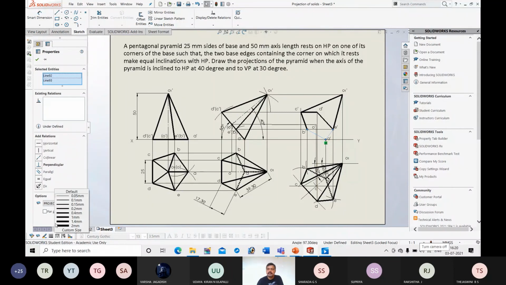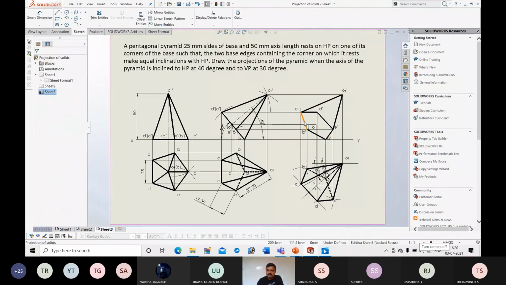Okay, first I connected boundary points. That is the first rule of visibility. Next, since base is nearer to observer compared to apex, when observer is viewing from this direction, that is front view, complete base will become visible to him.